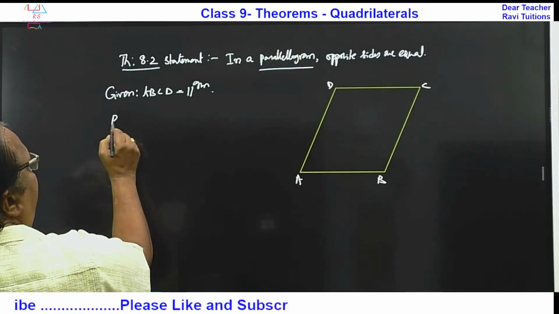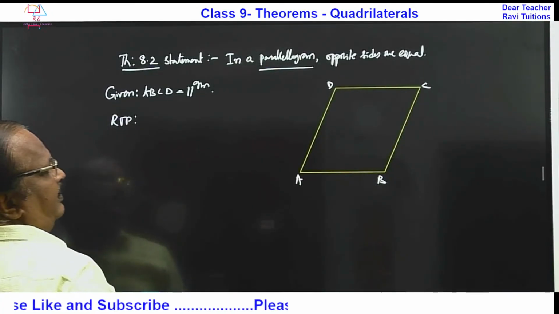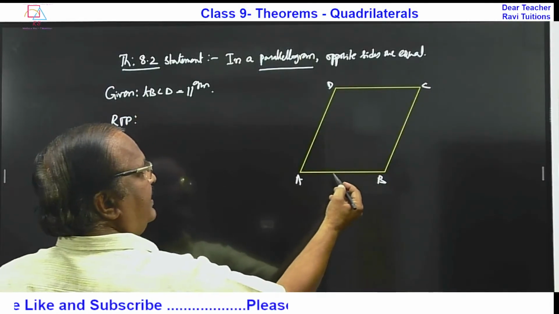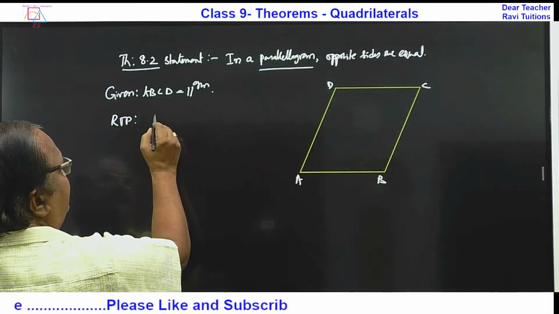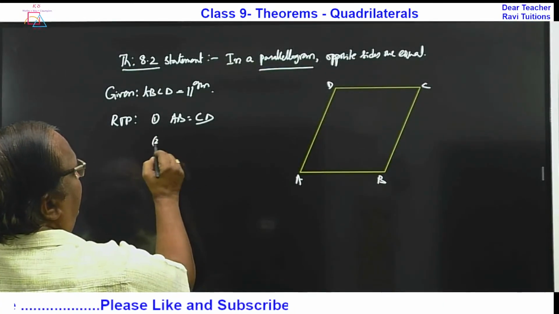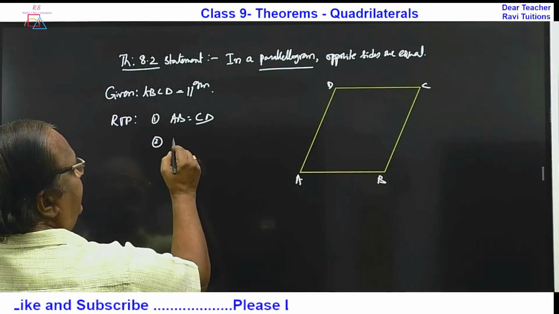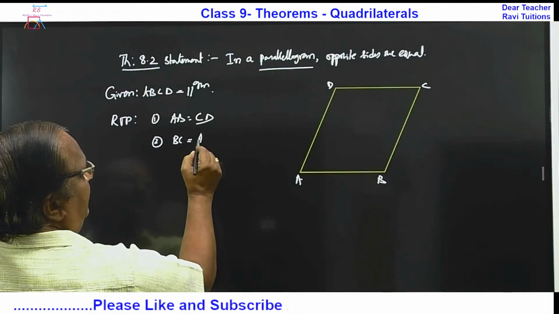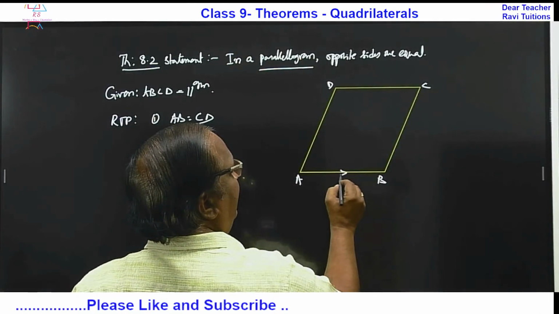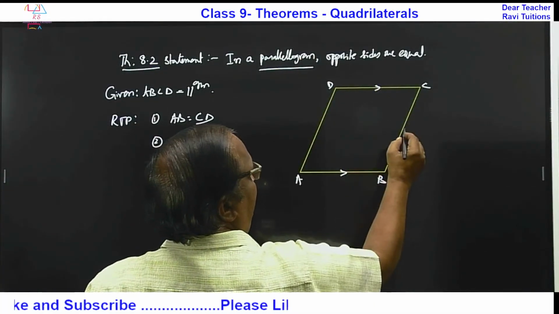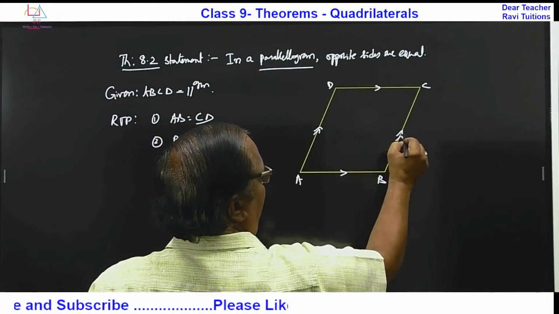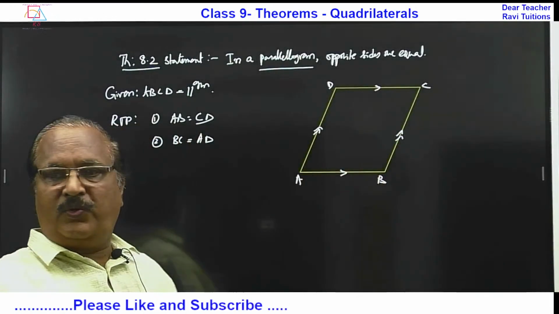RTP: opposite sides are equal. That means opposite sides are AB and CD, so AB is equal to CD and BC is equal to AD. This is what we have to prove. We know only that opposite sides are parallel. That's it. We don't know anything.